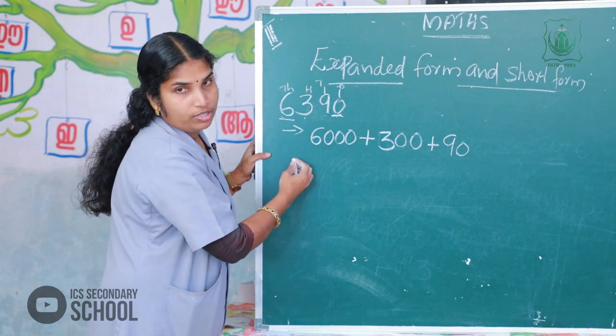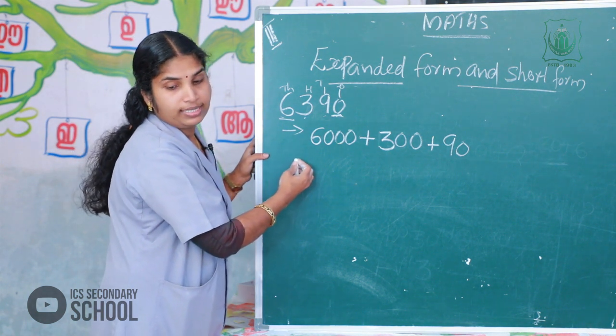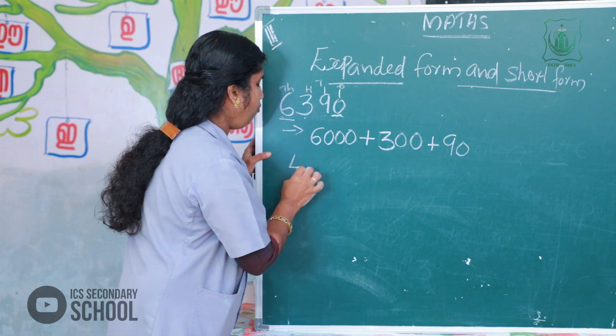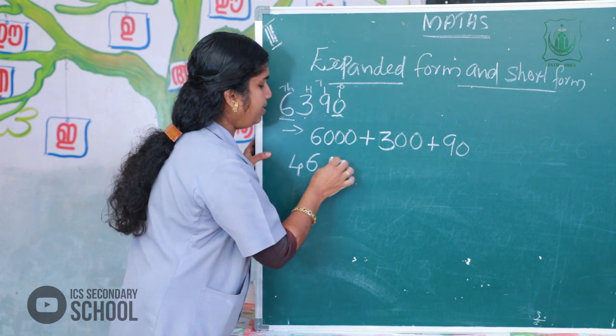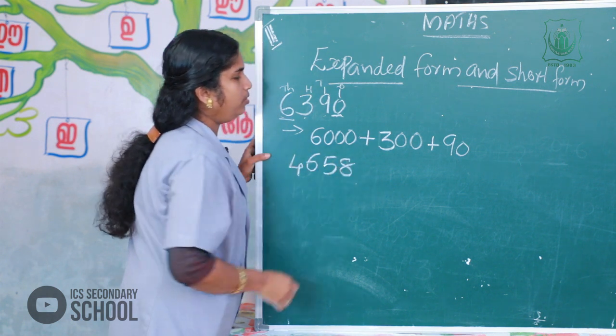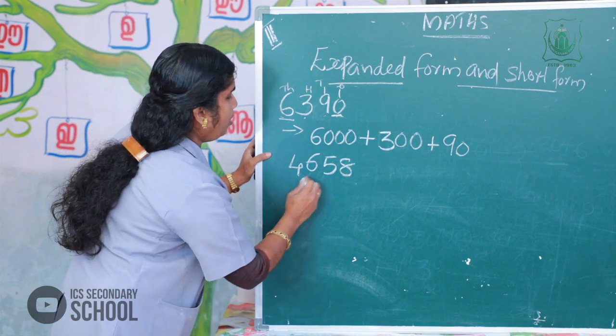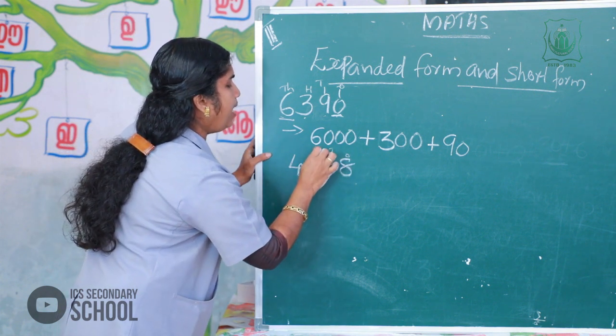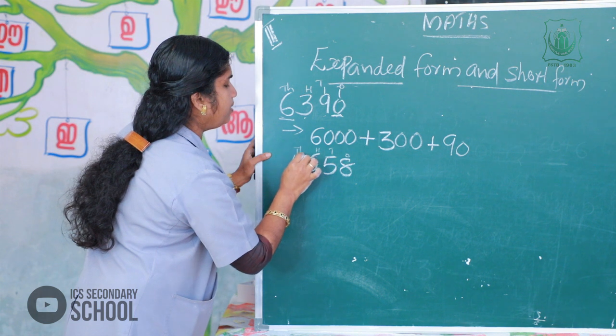Okay. Next, 4658. How do we write it? 1 place, 10 place, 100 place, 1000 place.